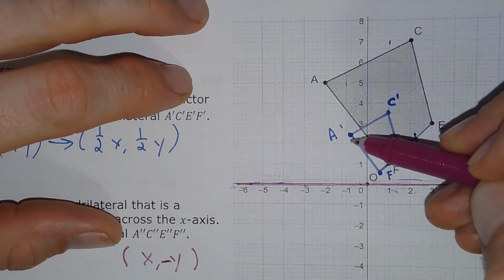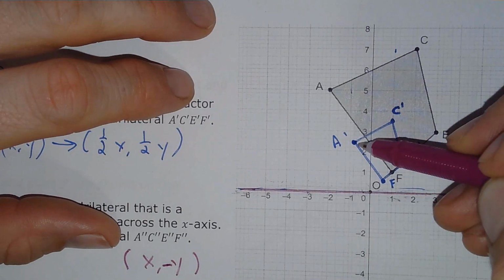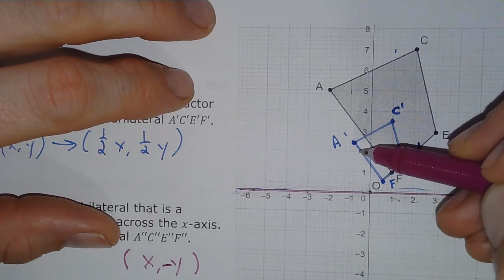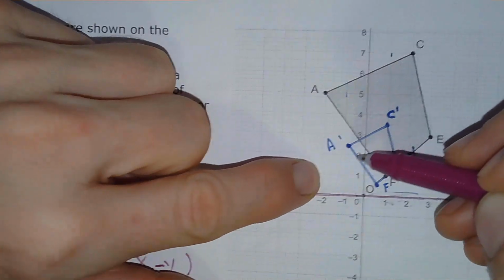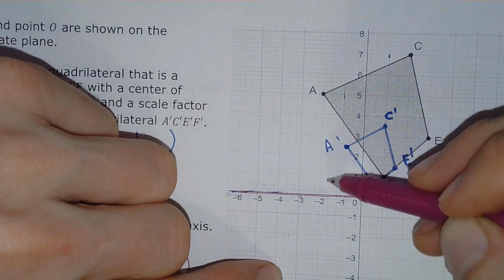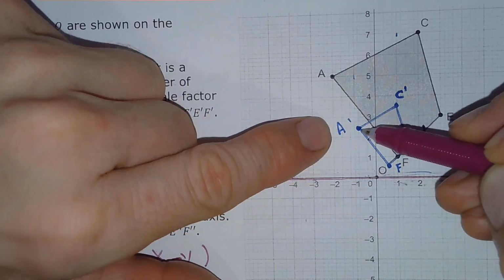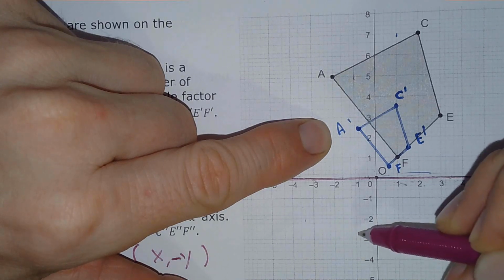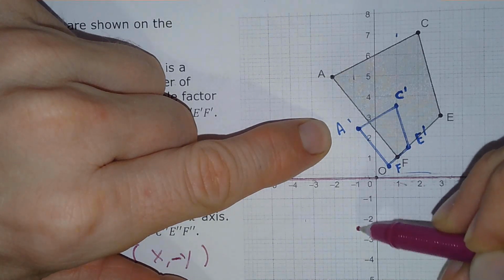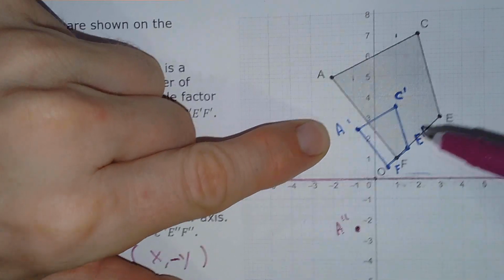So A is going to ride this one. It's 1.5, or it's a 2.5, right? Or it starts at what is that? It's 1, I think, is what that was. Yeah, because it was 2. It's going to ride 1, and it's at 2.5. So it's going to ride 1, and it's going to go to negative 2.5 on this side. That's A double prime.